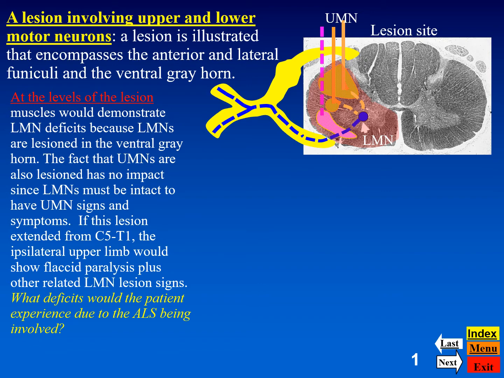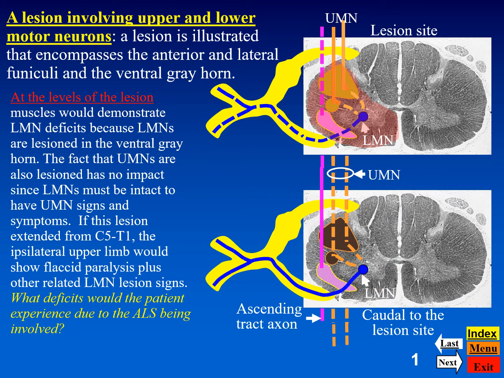There is another tract here in the lesion. It's the ALS. And what would be the consequence of a lesion of that tract? Even though it's a sensory tract, we should maybe discuss that here now. What would be the consequence of the lesion of that? The area below the level of lesion, below T1, what would be the findings in that area, in that location?